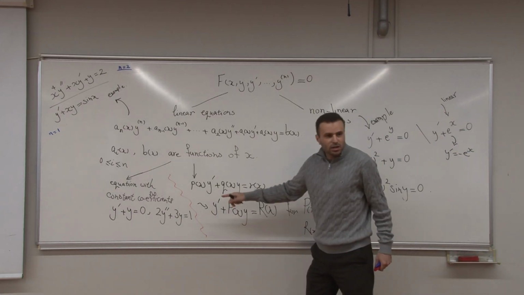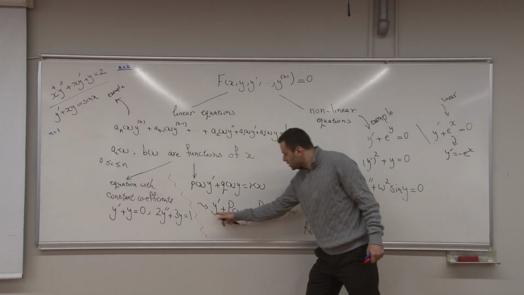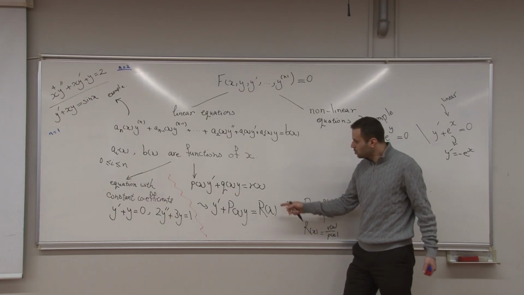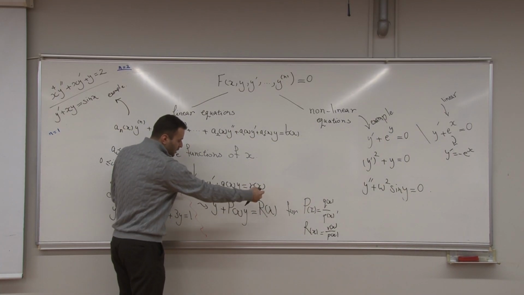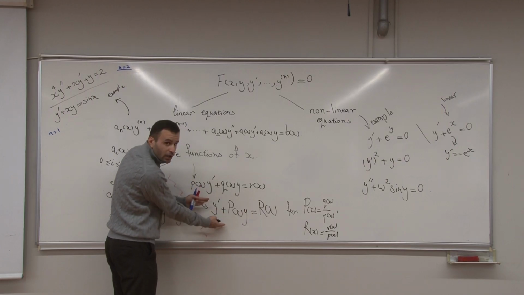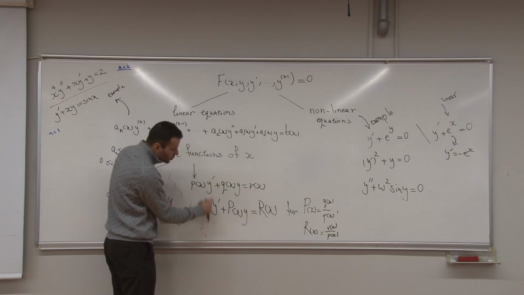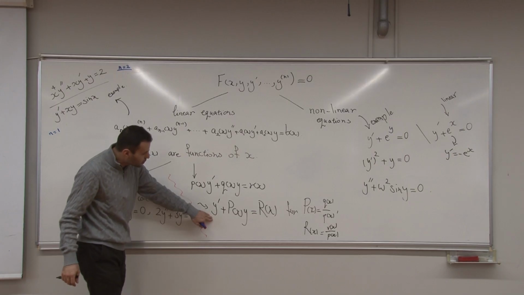We are much more comfortable working with this form. If the other form is given, just divide everything by p of x and you have it in this form. This is going to be much more useful for us. So this is the general form of a first order linear differential equation.